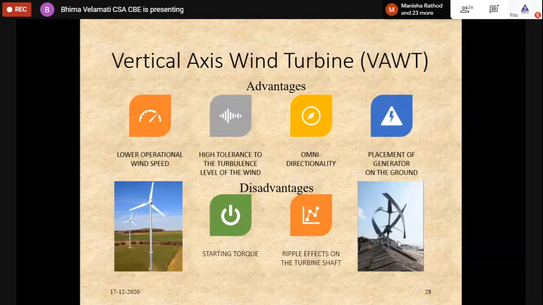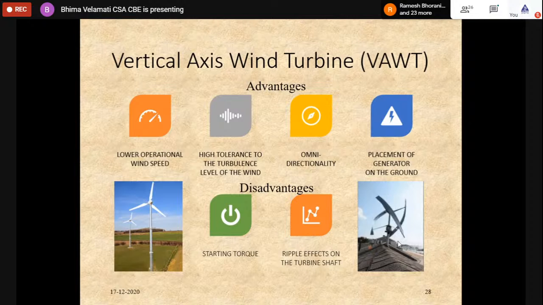The structure will take that non-uniform loading, and because of that, your structure will undergo fatigue loading, especially the shaft and the structure below it. The chances of failure are really high.